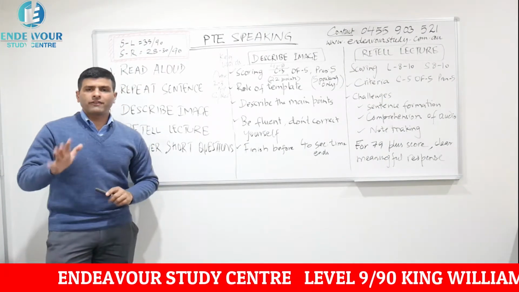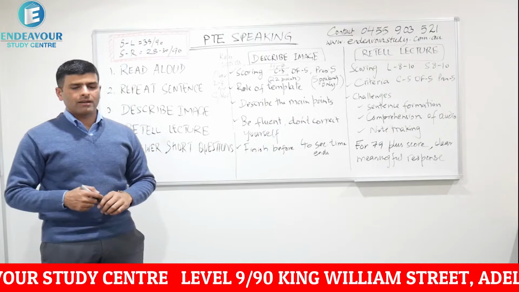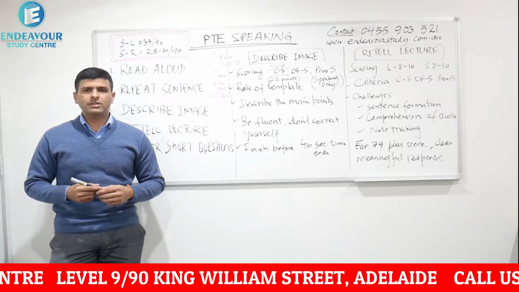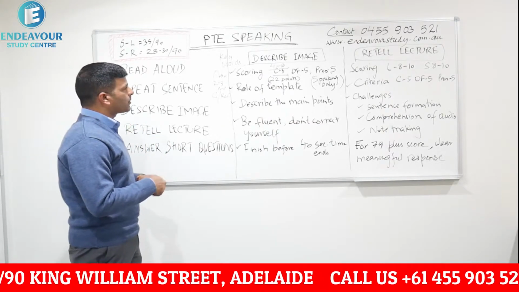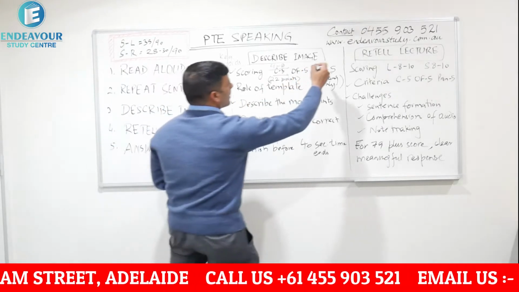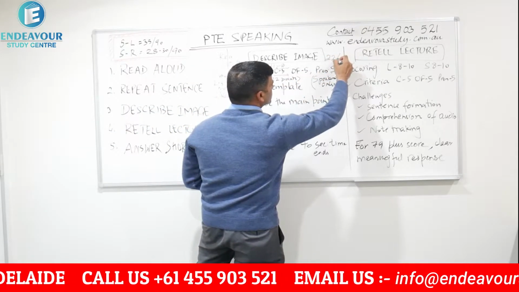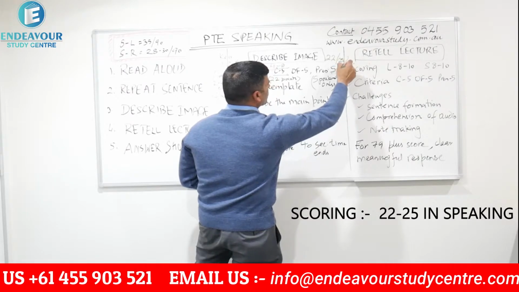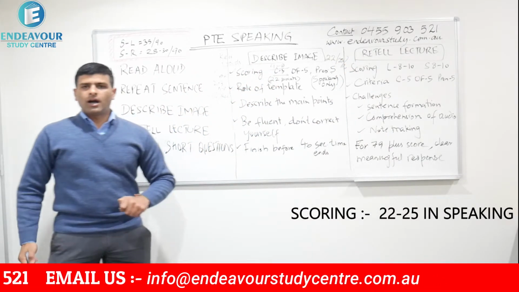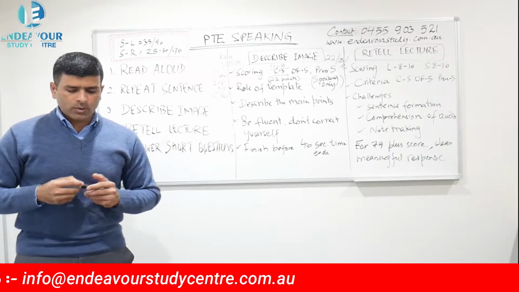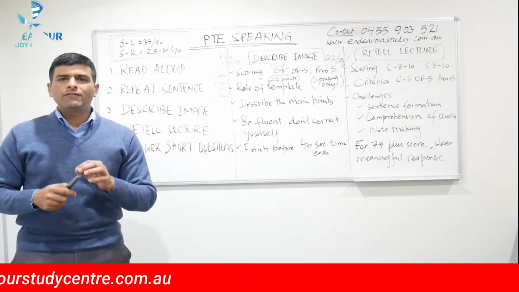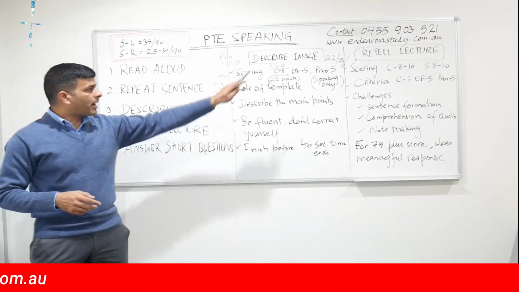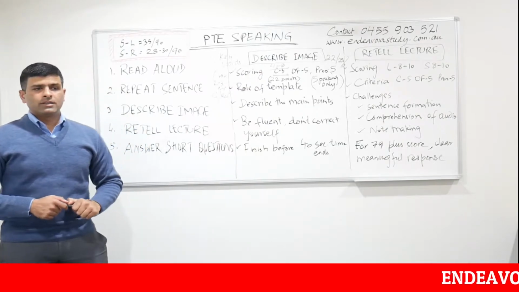There are total 15 marks in one image, and you get 6 to 7 of them in the exam. The total contribution from describe image towards your speaking score is approximately 22 to 25 out of 90. But guys, if you prepare well for describe image, you can bag all those 25 points.